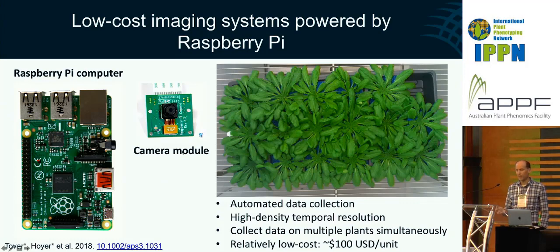So for about $100 US, you can have a fully Linux controllable camera. That lets you do automated data collection at pretty low cost. The way we use it primarily is to image whole trays of plants at once, so you're capturing data on, say, 17 or 18 plants all at one time.